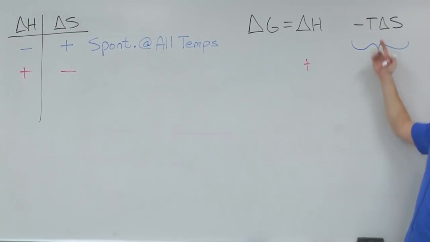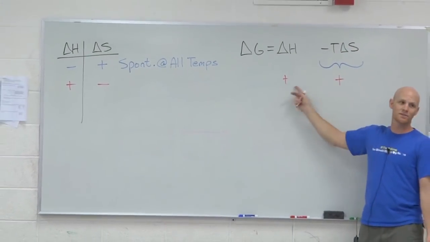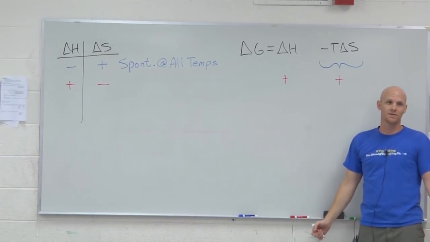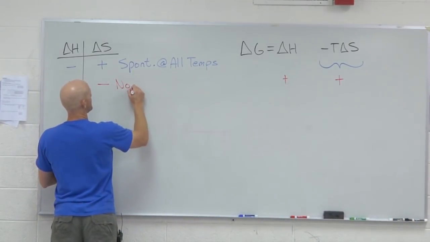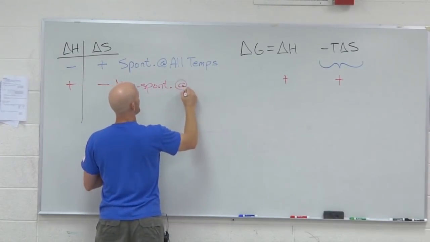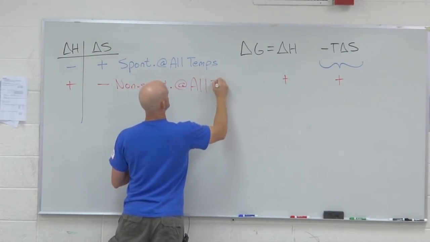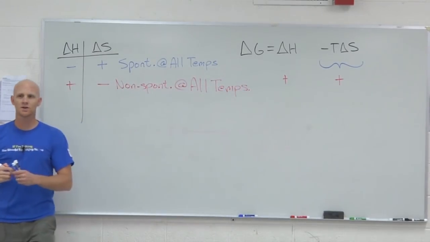And now, no matter what value for T I plug in, whether it's a low temperature or a high temperature, I'm adding two positive numbers, and delta G will have to come out positive. And so this reaction, regardless of temperature, is going to be non-spontaneous. And so we say non-spontaneous at all temperatures under those conditions.